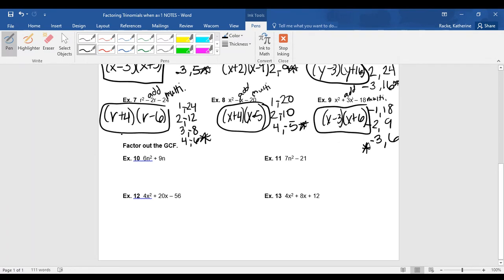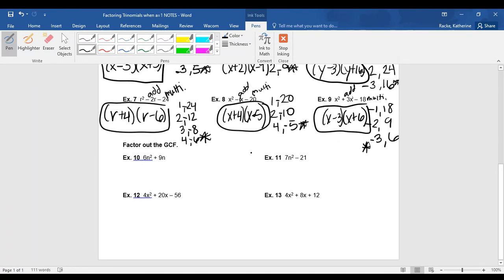All right, moving on from factoring, we are going to find the greatest common factor. This is the first thing that you always need to do when you're talking about factoring: look for the greatest common factor, the biggest number that will come out of everything in the equation. So what can be divided by 6 and 9? 3. They both have n's, so you're always going to take the smallest variable as long as they all have it.